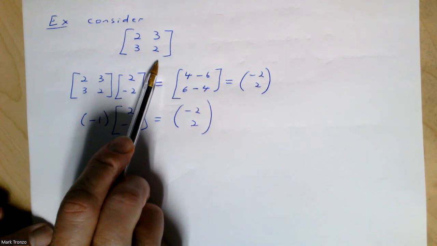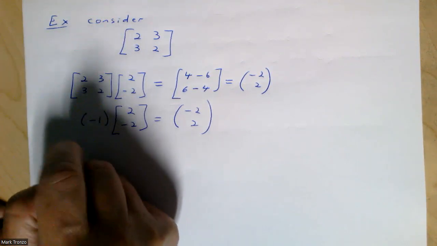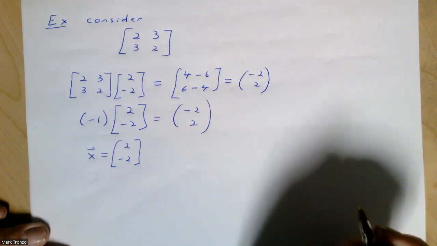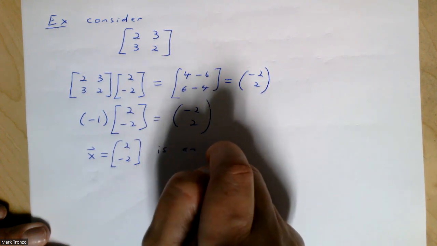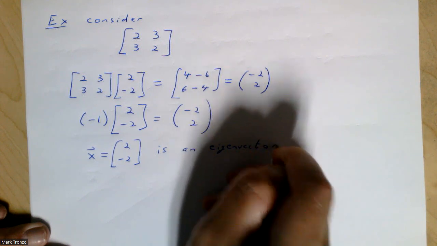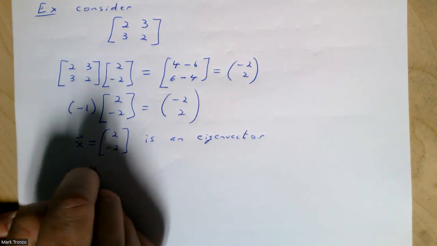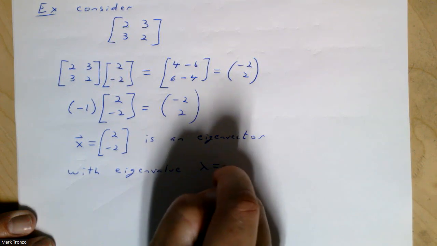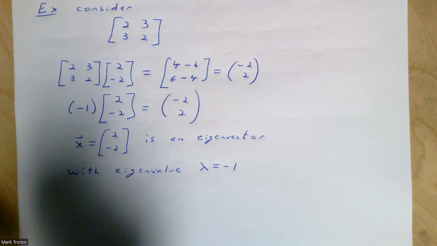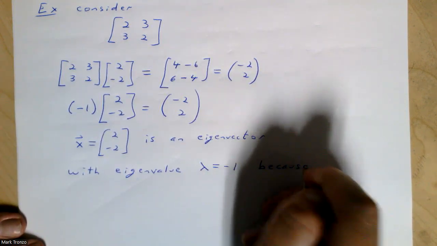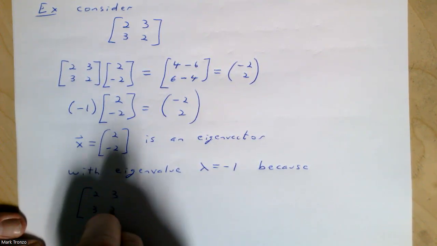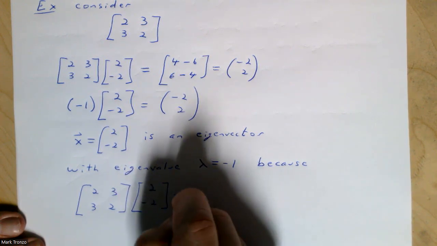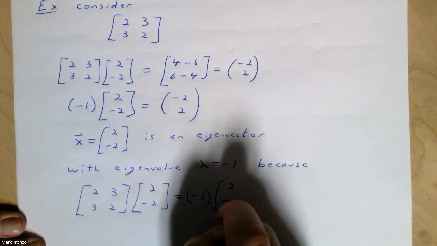So notice for this matrix, this vector 2, -2 is an eigenvector with eigenvalue lambda = -1, because we can take 2, 3, 3, 2 times 2, -2, and that's going to be equal to -1 times 2, -2.